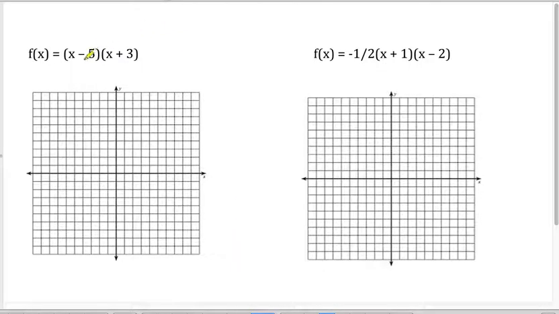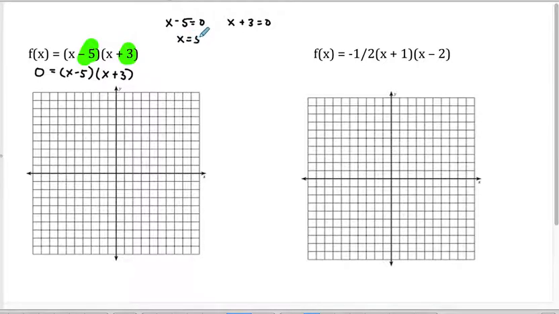Looking at this first example, I'm going to find my roots or x-intercepts by setting this equation equal to 0 and solving. I already know that when x minus 5 is equal to 0, I'll have a root, and when x plus 3 is equal to 0, I'll have a root.